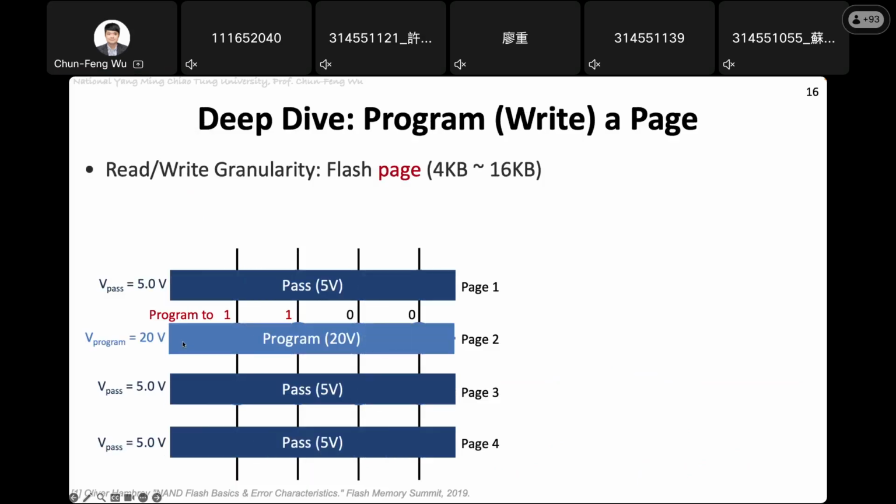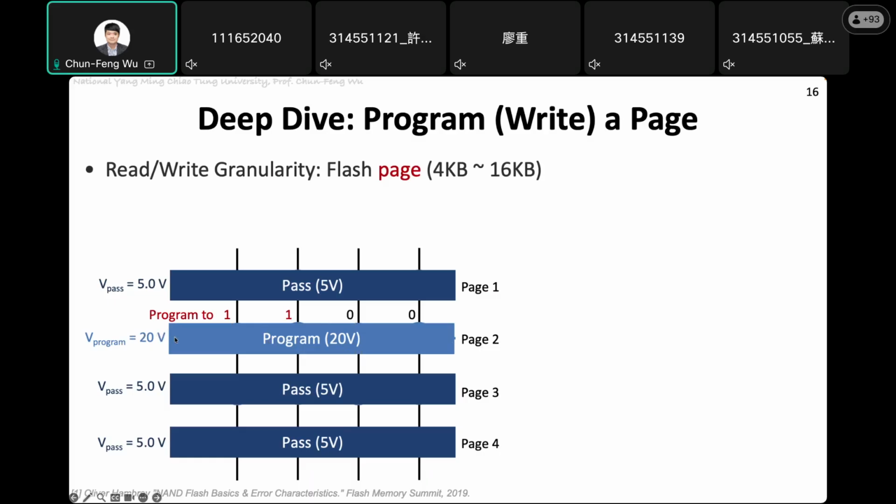If you apply the 20 volt on the control gate, the P substrate will be activated, with a lot of delocalized electrons, and those electrons will be dragged into the floating gate. But here comes a problem, because the 20 volt will be directly applied on the word line. So all the memory cells on this row will get 20 volt. So by nature, all the memory cells will be programmed from 1 to 0, right?